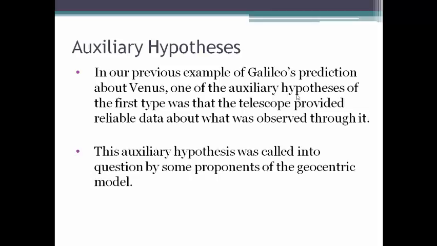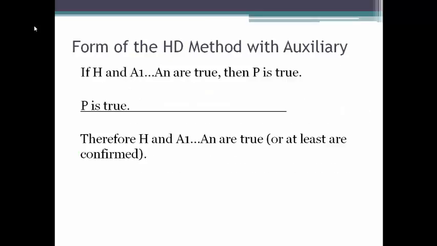This auxiliary hypothesis was called into question by some proponents of the geocentric model, of Ptolemy's model. So that was a lot of information I kind of just tossed at you. The basic point: auxiliary hypotheses are those background assumptions that both groups kind of take for granted.